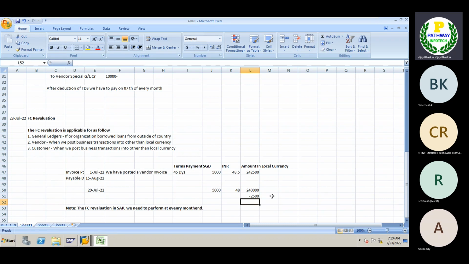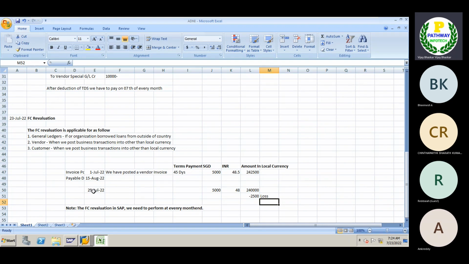It means here it is a loss for us. When we posted the invoice, at that time the total value we posted into the system in the local currency was 2,42,500 rupees.